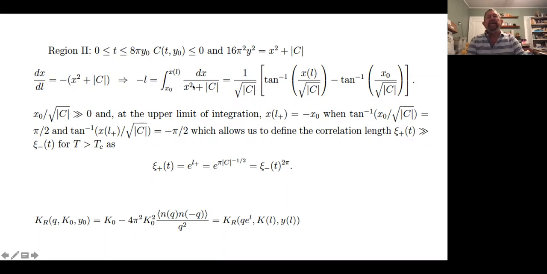And we find that minus L is equal to 1 over the square root of the magnitude of C times the inverse tangent of x of L over root C minus the inverse tangent of x naught over root C, where root C means root mod C.